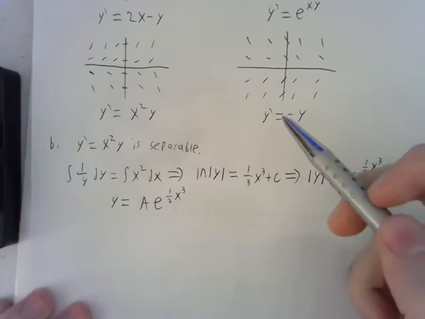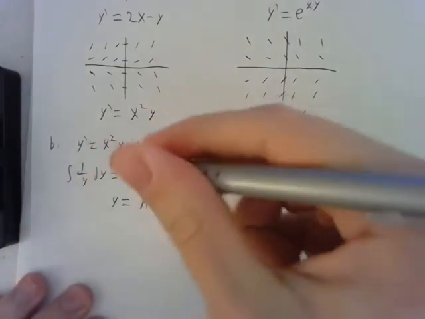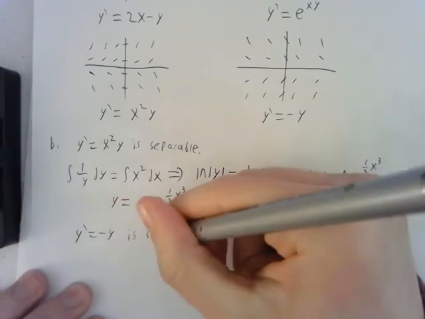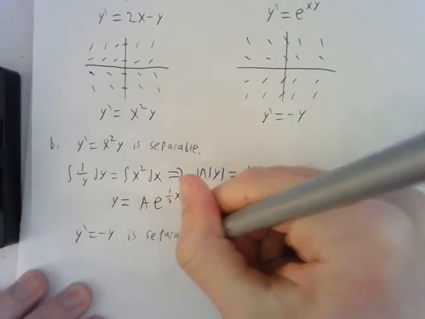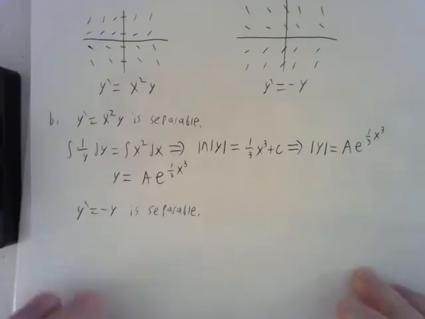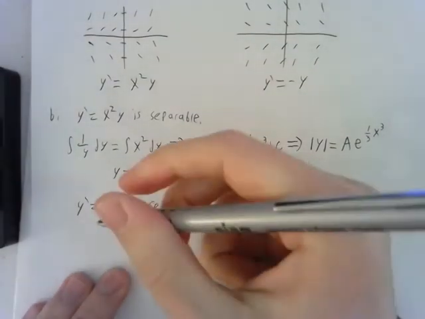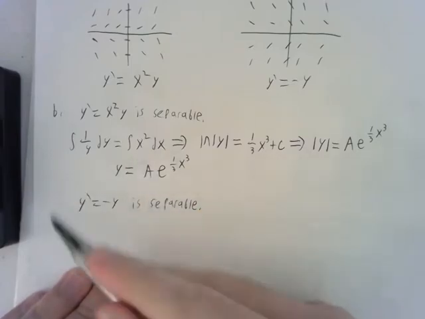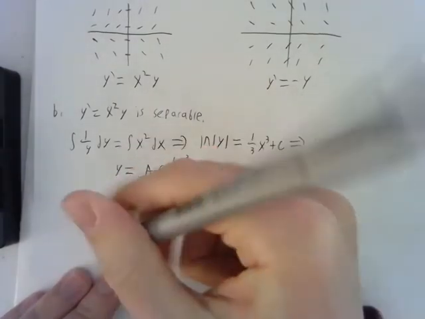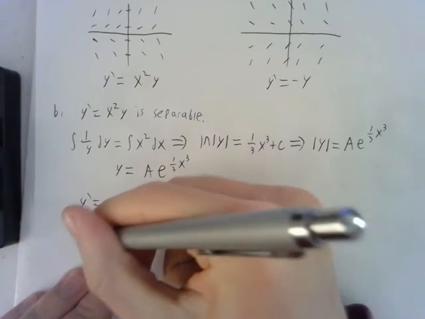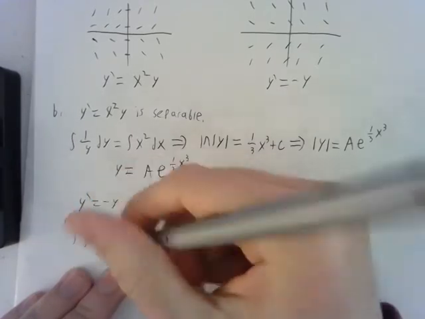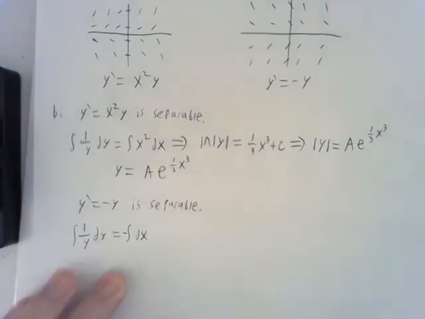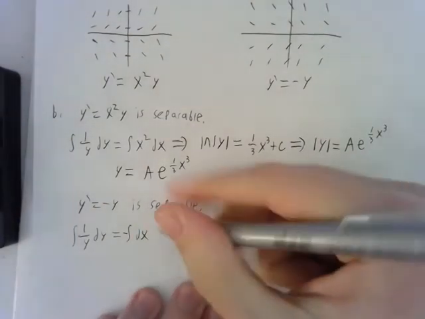Then our last equation is y prime equals negative y. This one is also separable. So let's try to solve this one with separation of variables as well. This one is a little bit easier, so let's do the same procedure. Move the y to the left, the dx to the right. So we'll get the antiderivative of 1 over y dy equals negative the antiderivative of just 1.